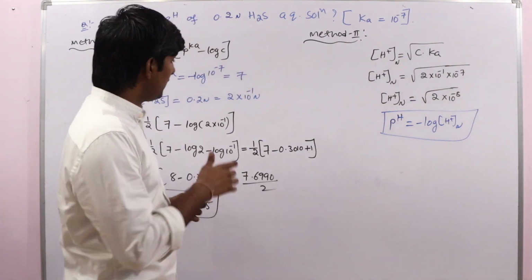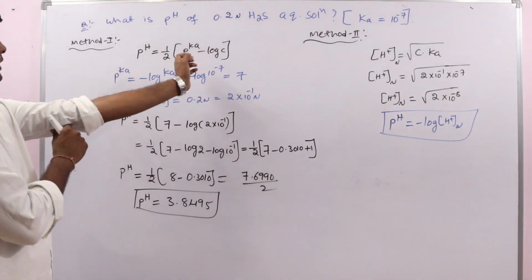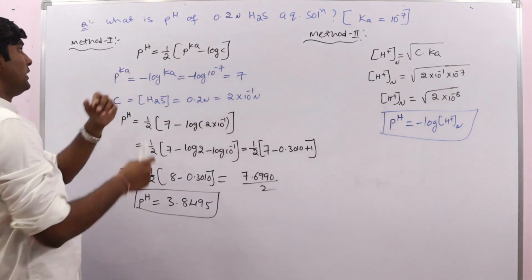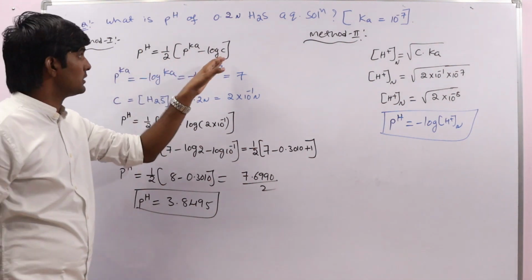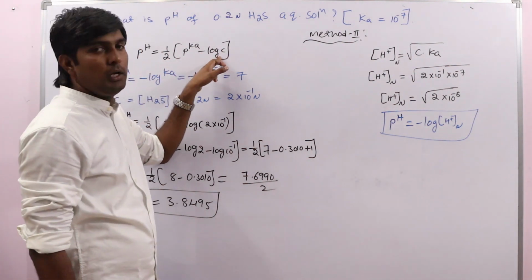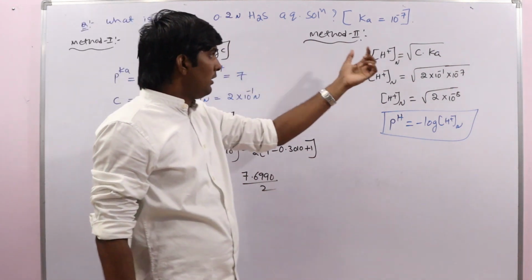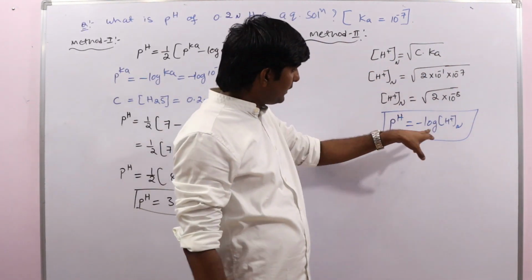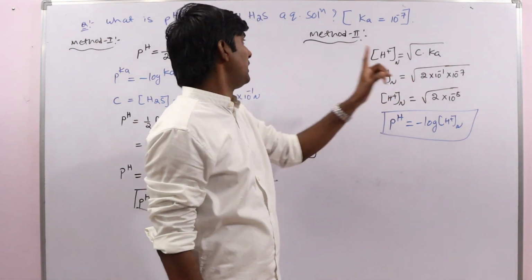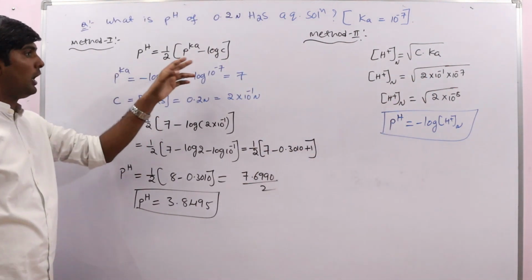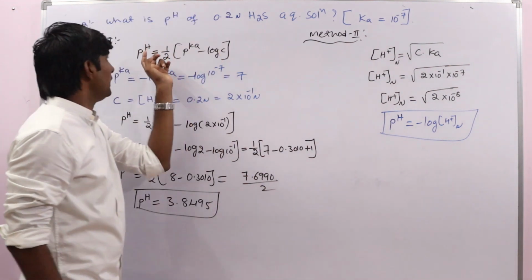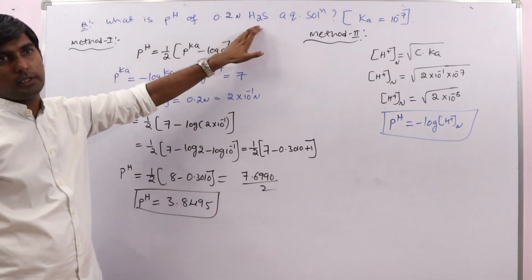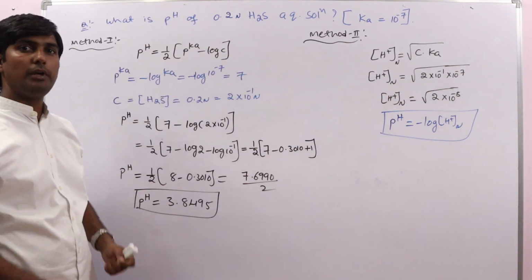Remember that in the first method we cannot use this, because there we are directly substituting pKa and log concentration of C. But here we are calculating the H plus ion concentration. That's why we can use this formula in this method, but in the other method you cannot use it. Because it is a weak acid, that is the difference. You should be very careful.